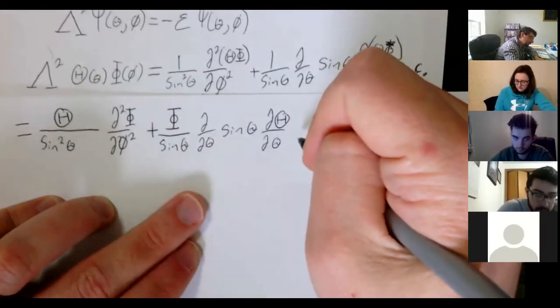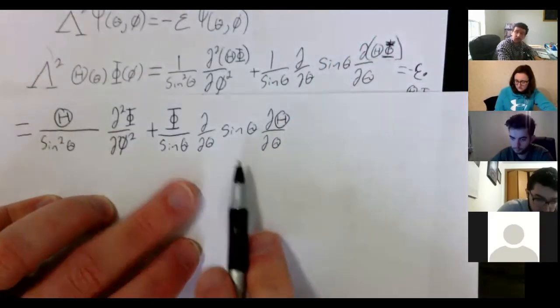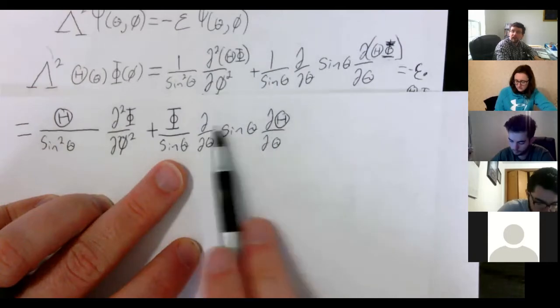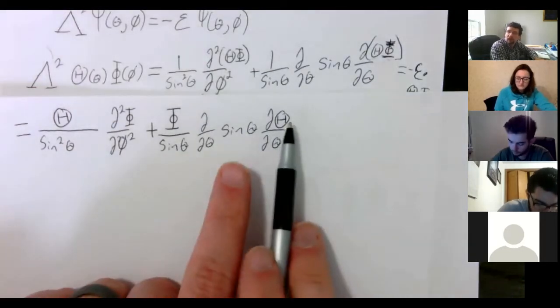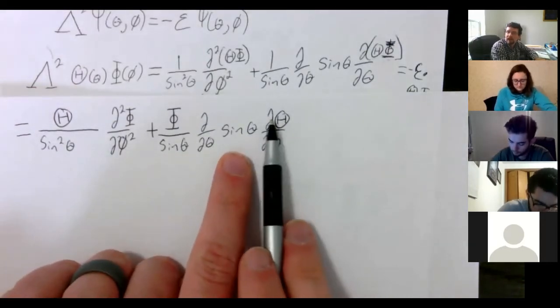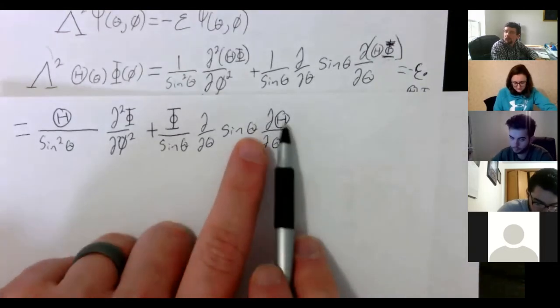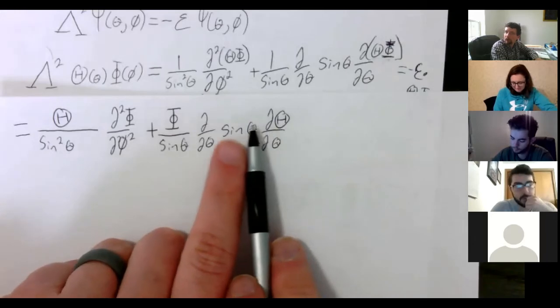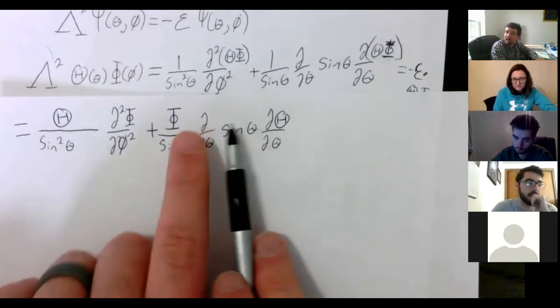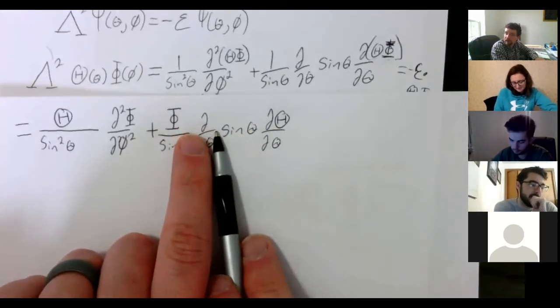Why don't we do that for both of the d thetas? Because remember, when it comes to operators, in differentials, you operate always to the right first. So we're going to do a differential, then we're going to multiply it by sine theta, then we have another differential we have to do.